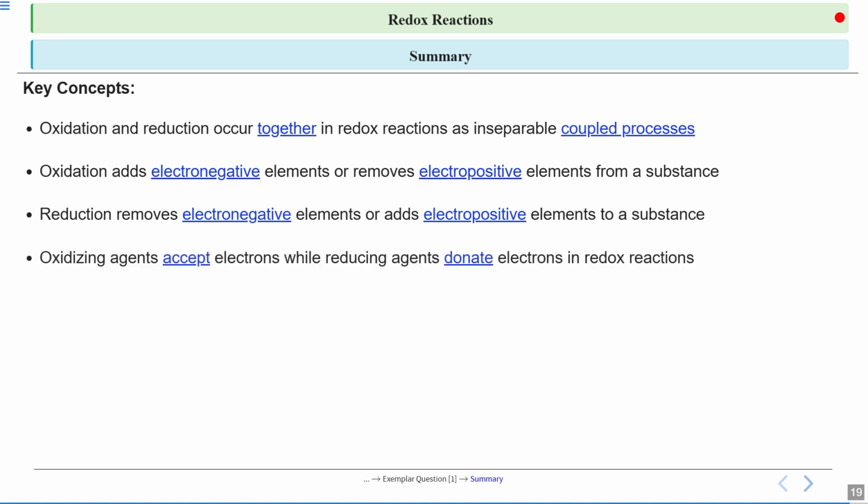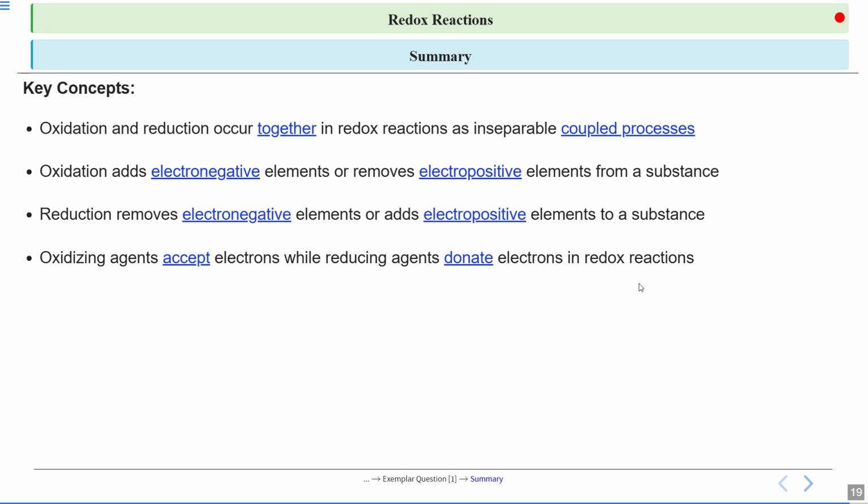Now, the oxidizing agents accept electrons while the reducing agents donate electrons in the redox reaction. We have already understood it in a manner that the species that are being oxidized would be considered the reducing agent, and the species which are reduced would be considered the oxidizing agent.